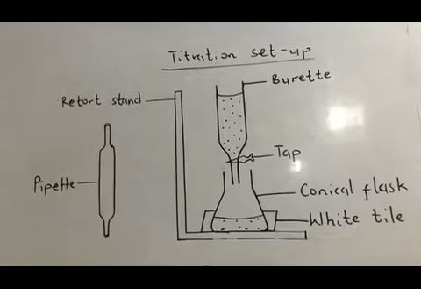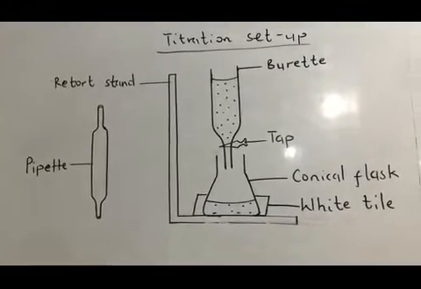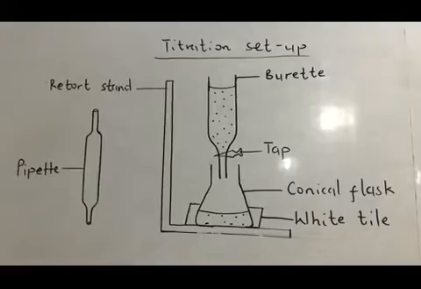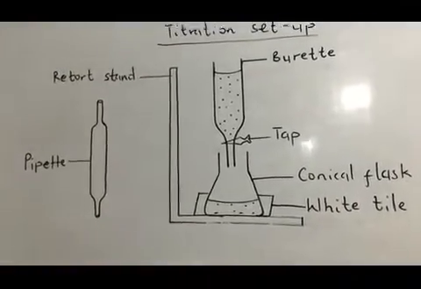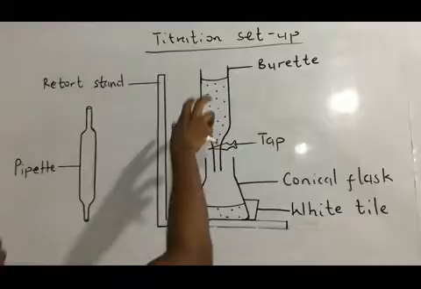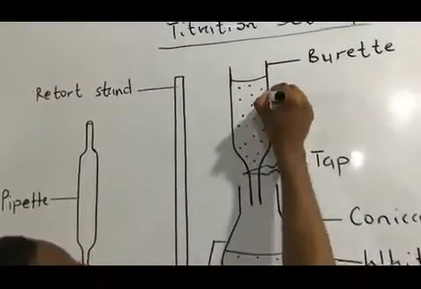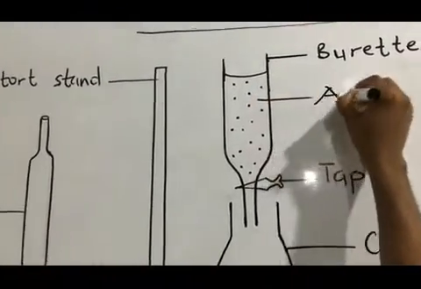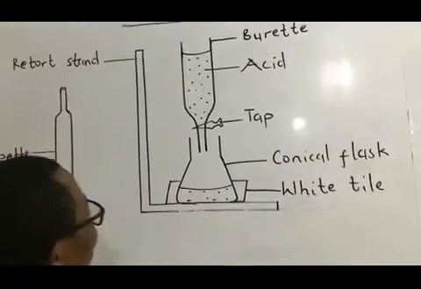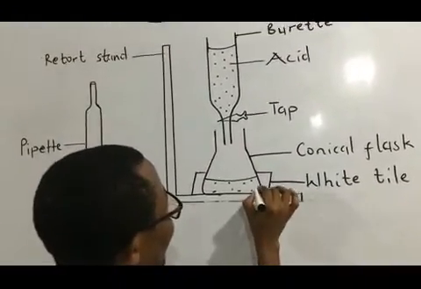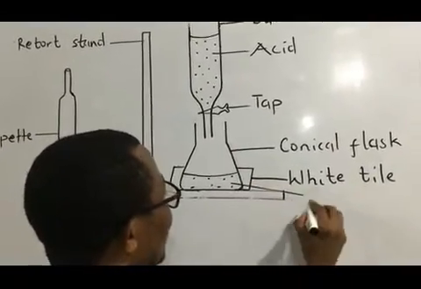Okay, and then titration setup for core science actually involves an acid-base titration. So this is a setup for acid-base titration. And in most acid-base titrations, what is in the burette is the acid. So this is the acid. And then what is in the conical flask is the base.